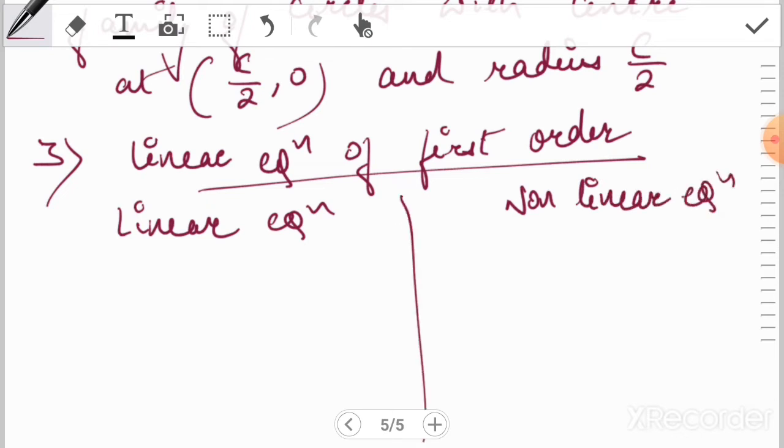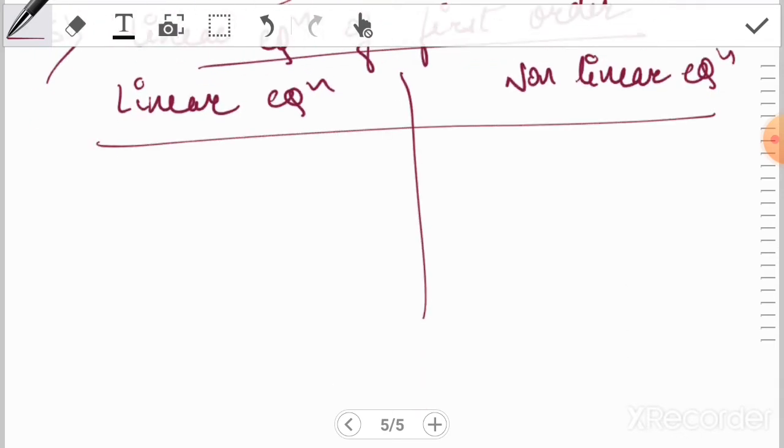Let us see some examples. So for linear, for example dy by dx plus 3y is equal to 2. So this is a linear first order differential equation, okay?